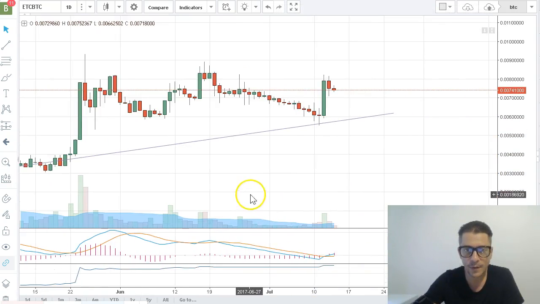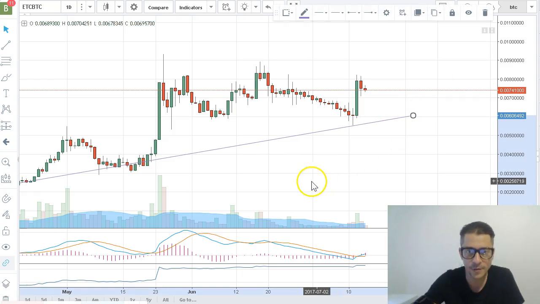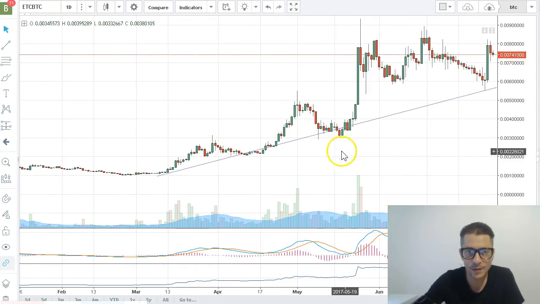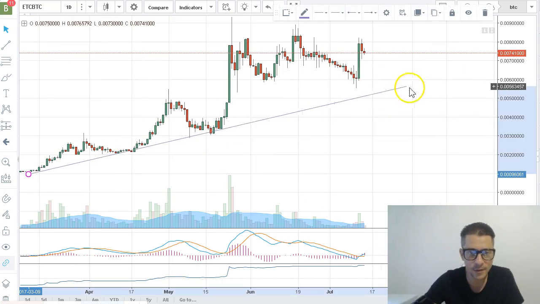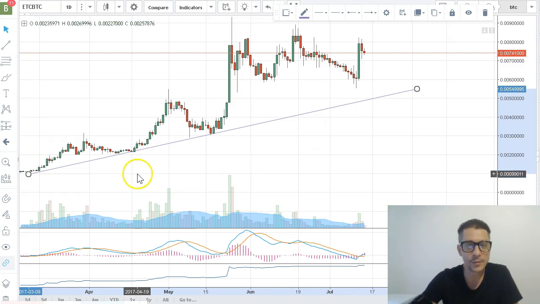Okay, the price has been going in this direction. Okay, so this is where it touched the lowest. So this line which I drew here is basically showing me the current trending support level.